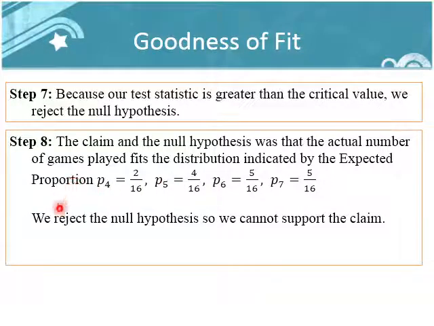So since our null hypothesis and our claim were the same, and we rejected the null hypothesis, we cannot support the claim. So again, that means we're suggesting that at least one of these proportions is not equal to the claimed proportion.